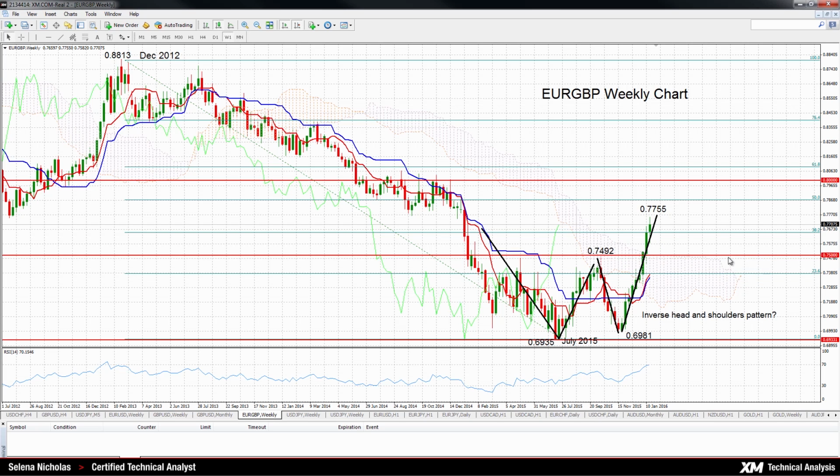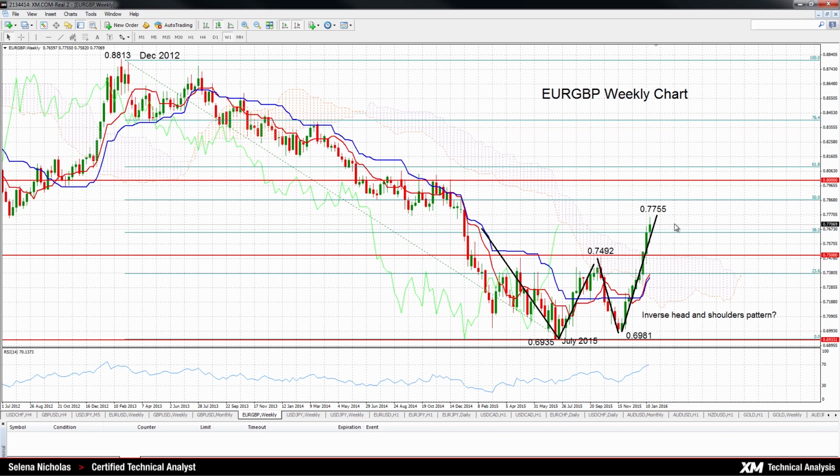The neckline is at the key 0.75 level, which comes in around at the top of the Ichimoku cloud. Prices are currently finding support at the 38.2% Fibonacci level, and this retracement level is of the down leg from the high of 0.8813 back in December 2012 down to the July 2015 low of 0.6935.